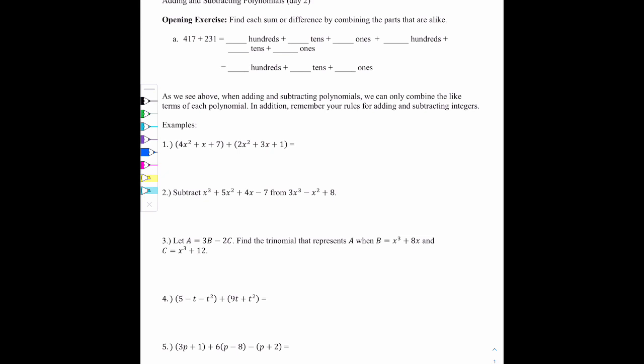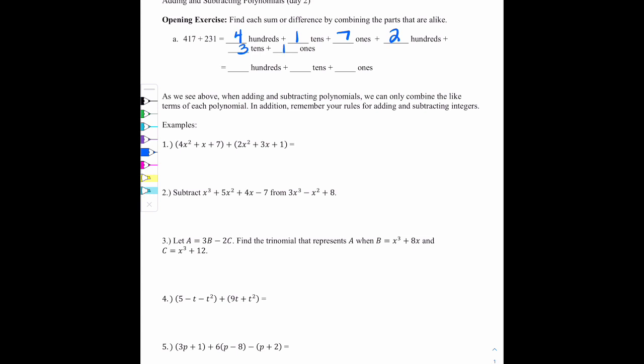Okay, so for the opening exercise, we have 417 plus 231. And they wanted you to break this down into the different parts of the number. So that means we have 4 hundreds, 1 ten, and 7 ones, plus another 2 hundreds, 3 tens, and 1 ones place.